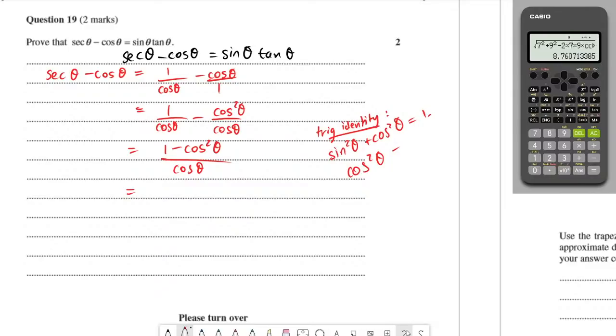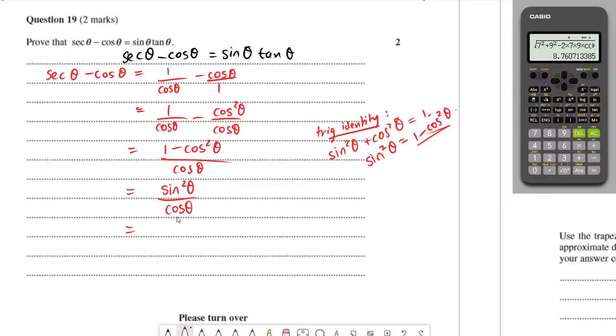Sorry, if I want to rearrange this for sine squared theta, that gives me 1 minus cos squared theta, which coincidentally is this thing up here. So what we can do is replace 1 minus cos squared theta with sine squared theta. Now, if you're not too sure why that is, have a look at the Pythagorean identity. Okay, it's the one that will show you why this is the case.